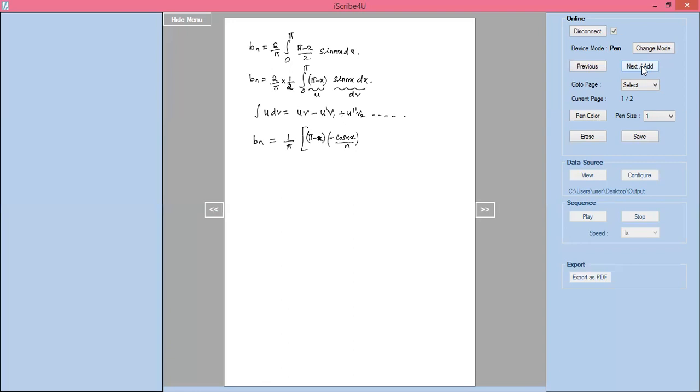Next, the differentiation of pi minus x: pi becomes 0, minus x becomes minus 1, into the integration of cos nx, which is sin nx by n square. Already a minus is there, so I put minus sin nx by n square.